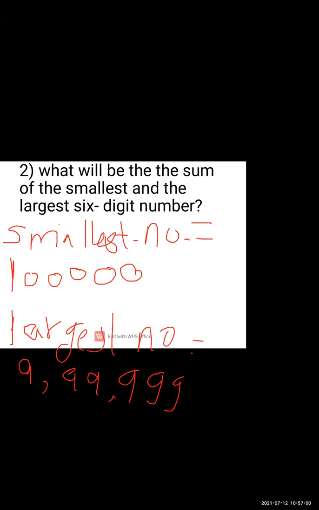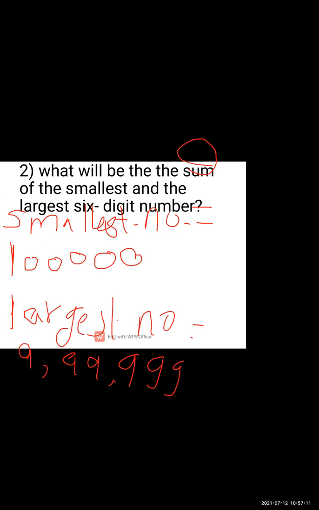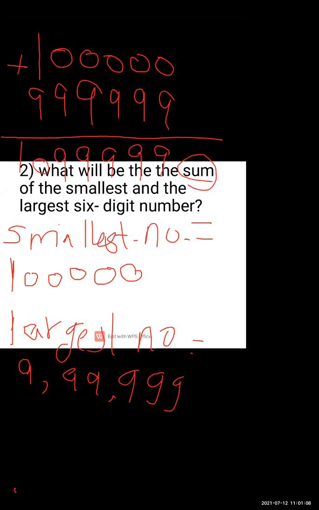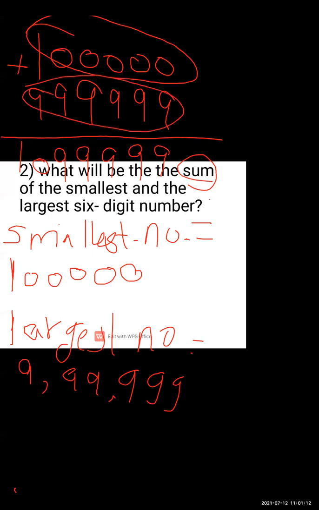Okay, now what they have asked, they have told to find the sum. Sum means they have told to do the addition. So we have to add this number and this number, and this is your answer.